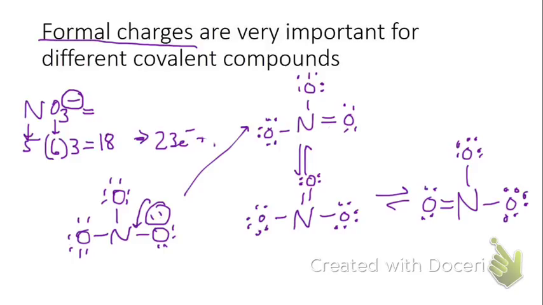That's the resonance structures. So, how do we determine which resonance structure is more likely? Well, we determine what are known as formal charges. Formal charge is the charge that each individual atom has in a compound. So, how do we determine formal charge?